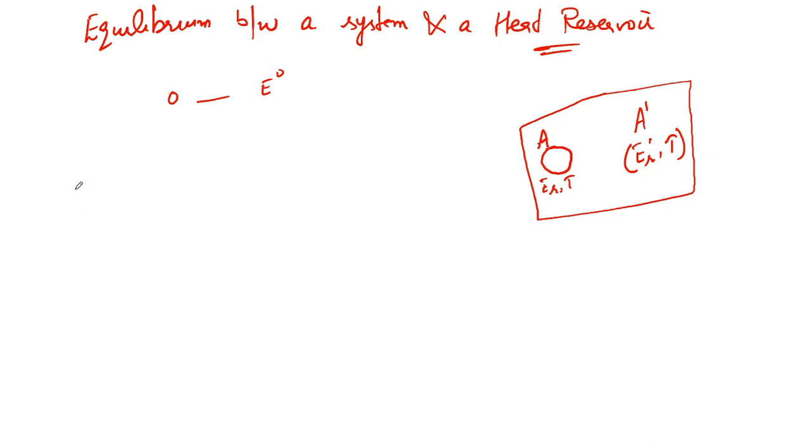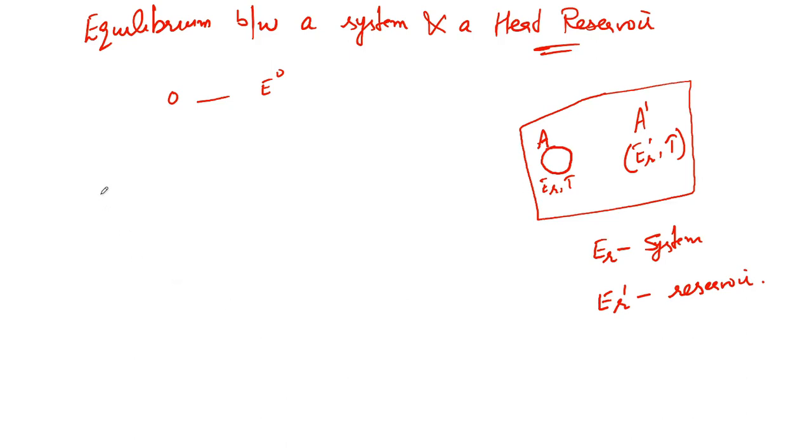So at a particular instant of time, this system is characterized by energy ER. This is the energy of the system at a particular instant of time, and the reservoir has an energy of ER dash.